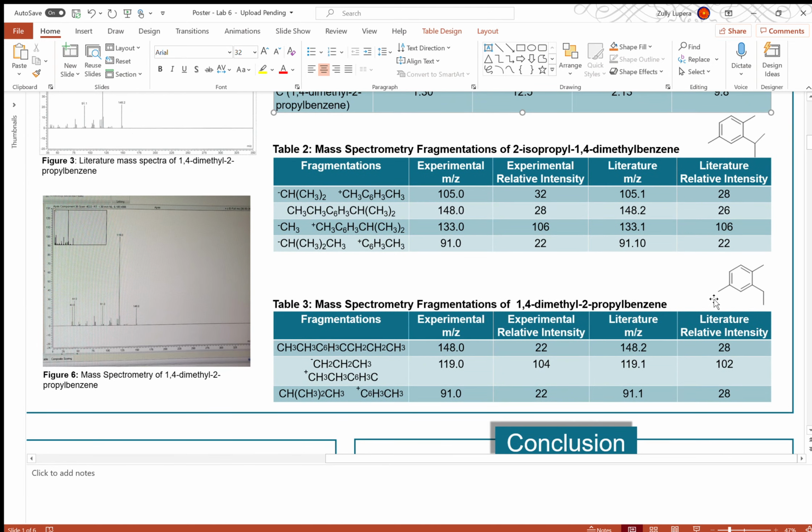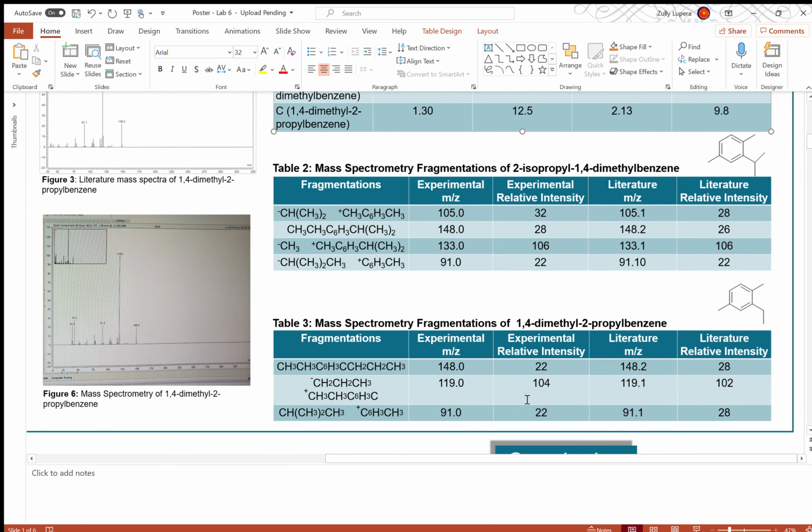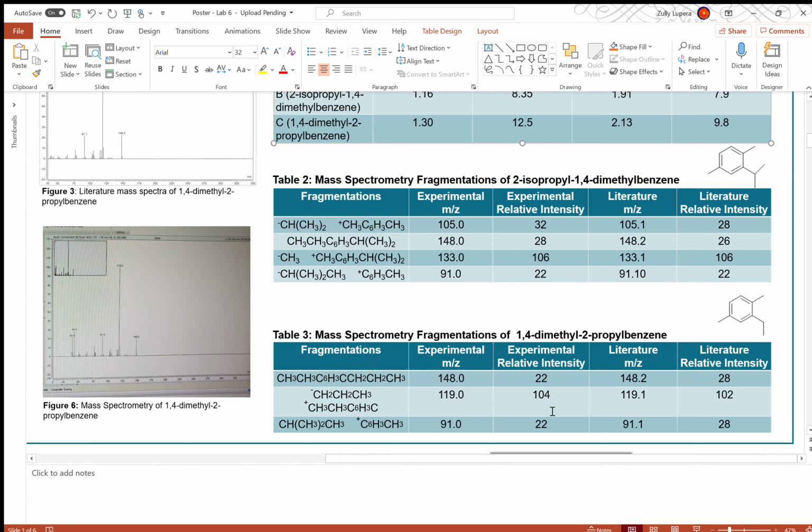But we also have a different fragmentation at 119, because we have the removal of the ethyl group, since it is a regular propyl, not isopropyl. We have a comparison of 119.0 and 119.1, and a relative intensity of 104, which is really close to the literature value of 102.